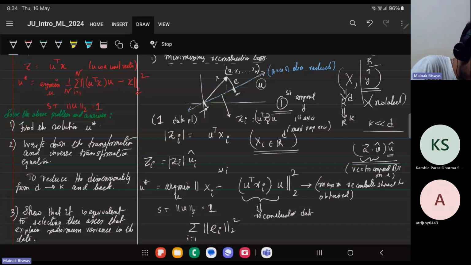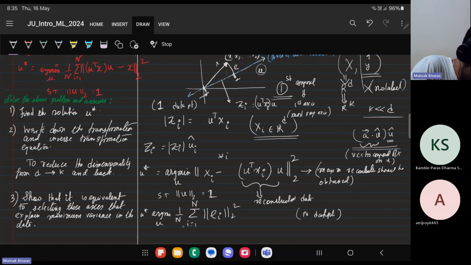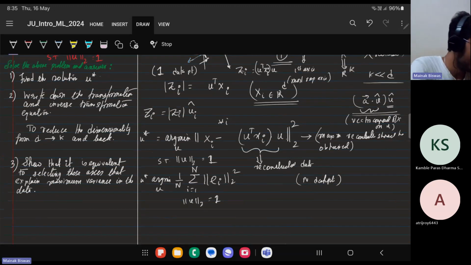If I write the average, say there are n data points, argmin over u star, subject to u being a unit vector. Clear? So I wrote the optimization problem to you.